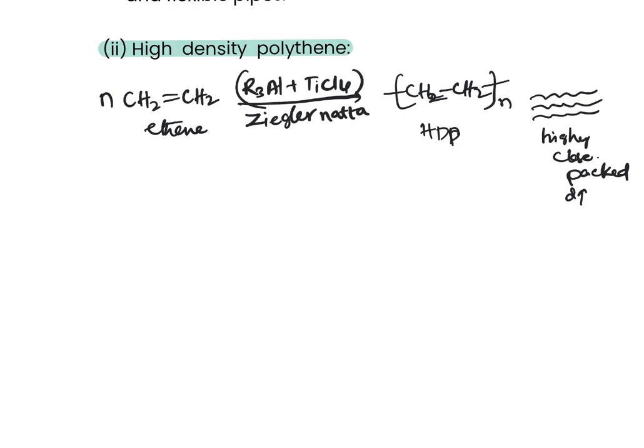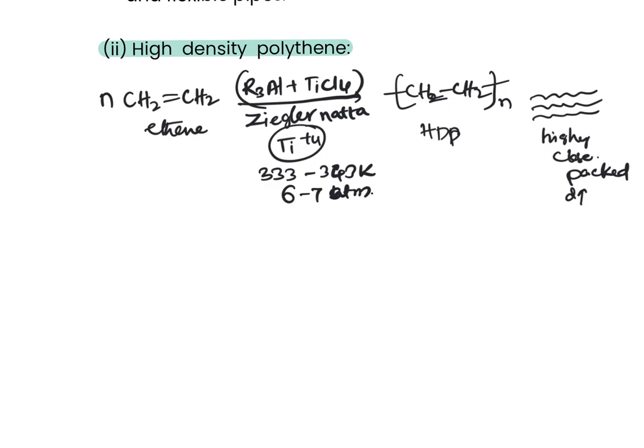In this one, the active species is titanium plus 4, important for competitive exams. And this is catalyzed at 333 to 343 Kelvin temperature and 6 to 7 bar or atmosphere pressure.